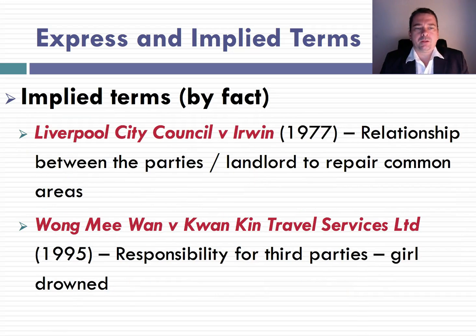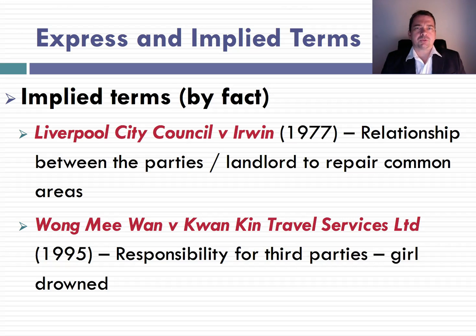Now, in Liverpool City Council and Irwin, this was a relationship between a landlord, the council, and the tenant, Irwin, and there were some problems with things in the common areas. Now, very often these types of agreements, these tenancy agreements, will state very clearly the landlord is responsible for this, this, and this, and then the tenant is responsible for this, this, and this. So the parties agree beforehand what each one of them is responsible for.